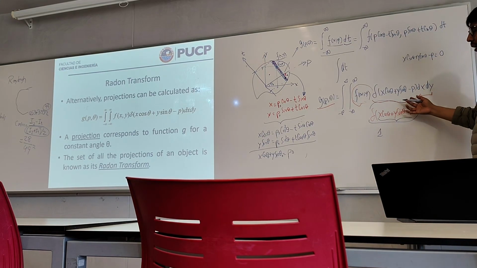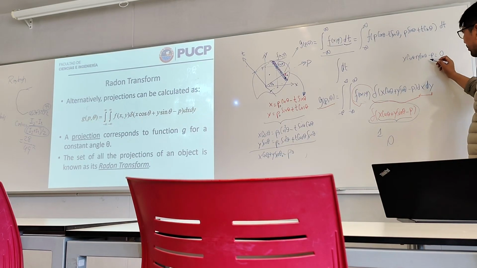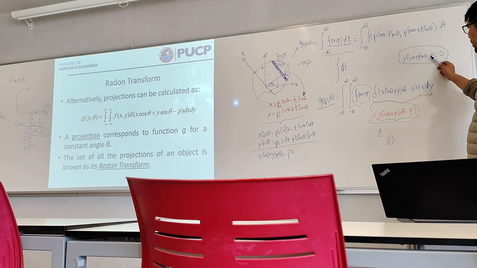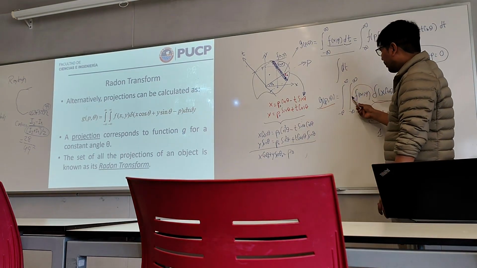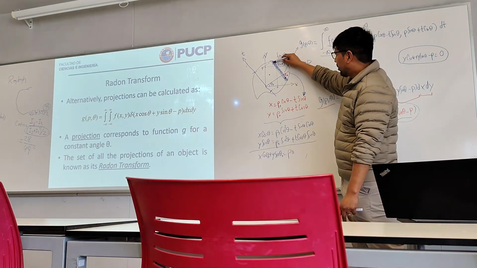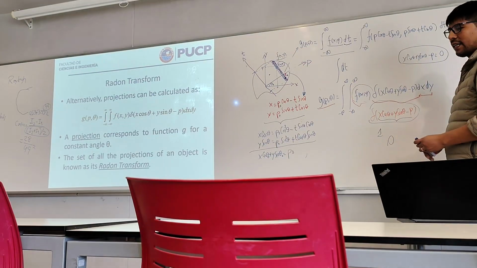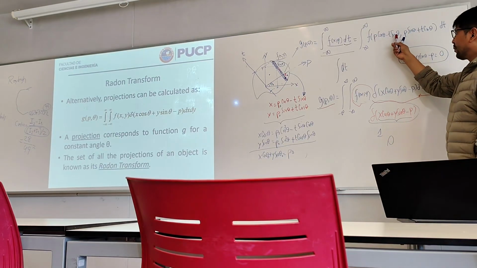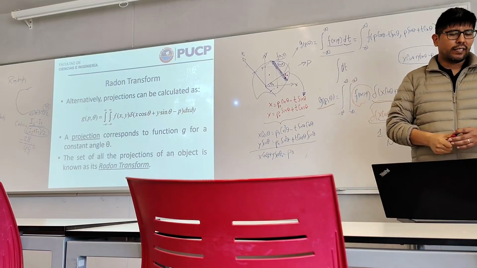When it's different from 0, it is 0. So basically we are saying that if x cosine theta plus y sine theta is equal to p, we sum all the x, y values around this. So these two definitions are very similar, and sometimes we will use one, sometimes the other, depending on the problem, depending on the case.